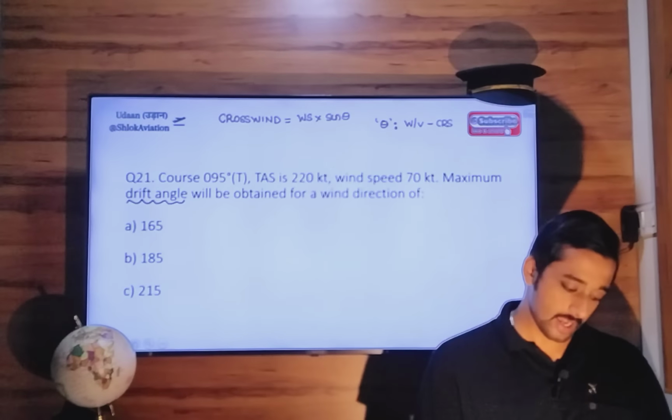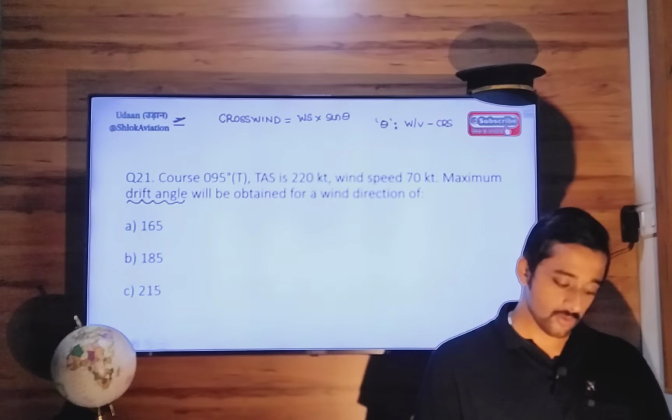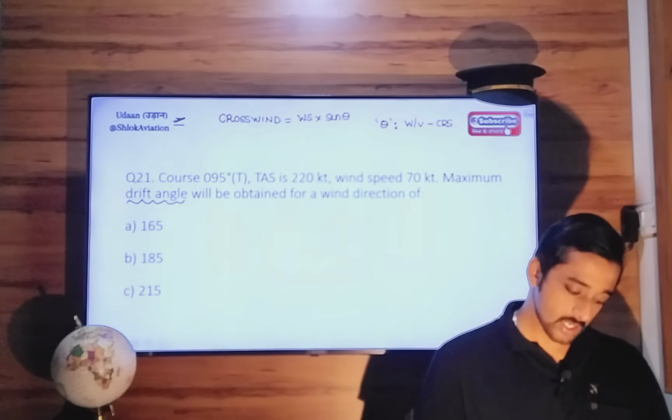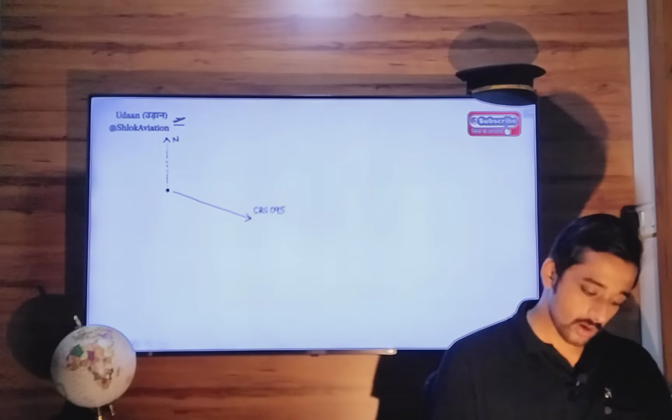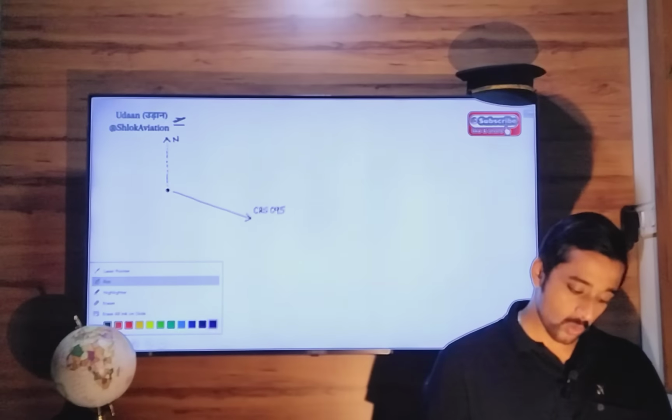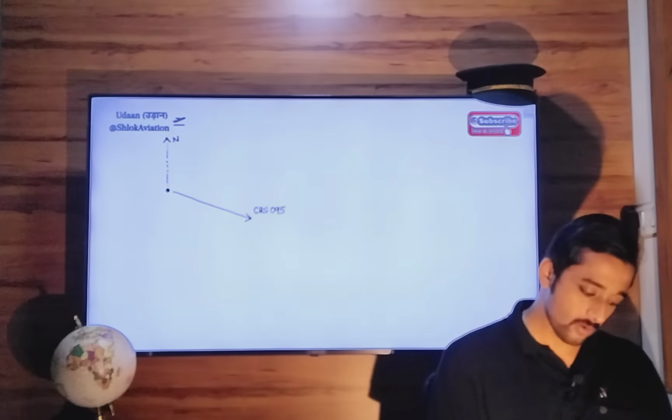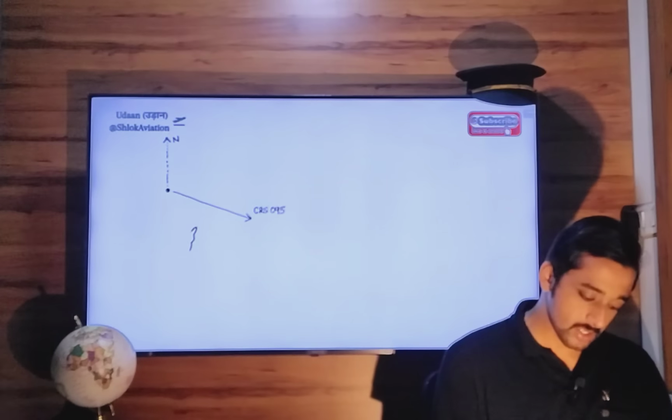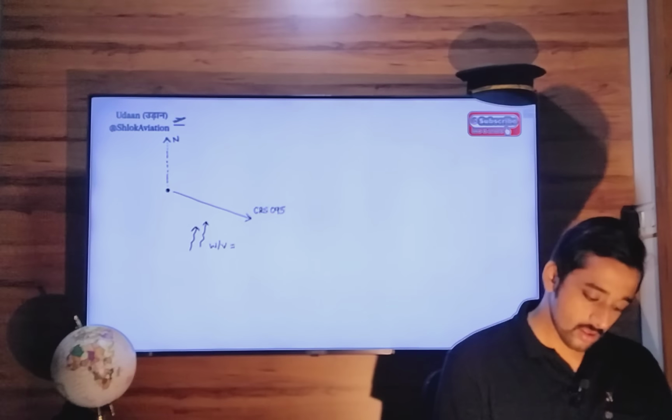So maximum drift angle will be obtained. The first direction given to us is 165. If winds are coming from 165 degrees, that means somewhat from this direction. Wind velocity 165 degrees at 70 knots.